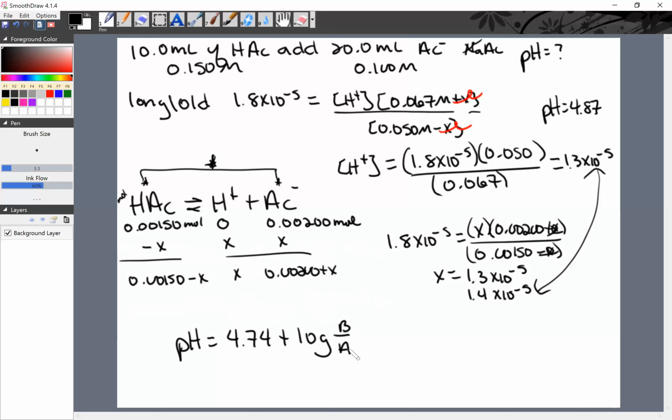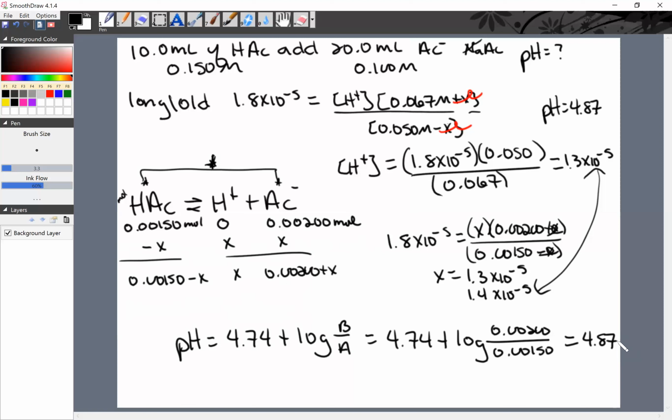So now I could change these to number of moles, and I have this wonderful starting equation. The pH is equal to 4.74 plus the log of my base piece over my acid piece. And guess what? You will get the exact same answer.